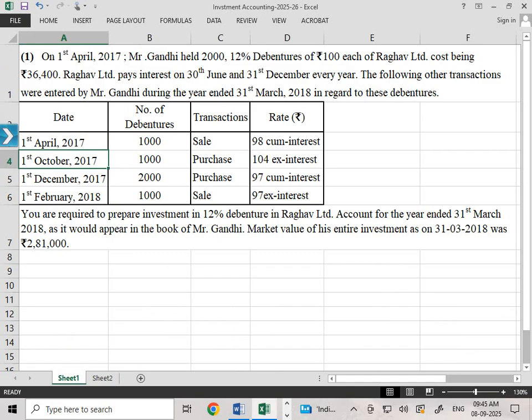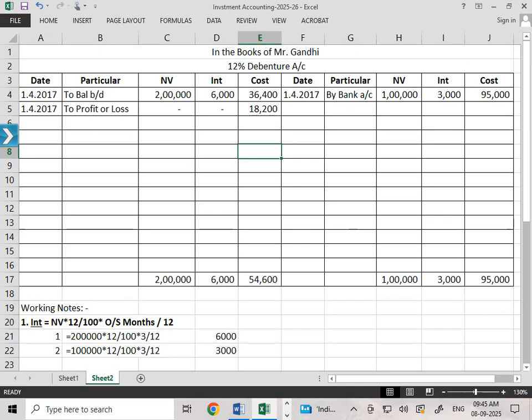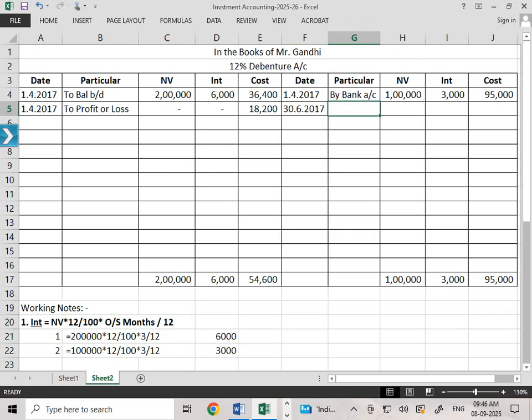So we have to receive interest means record that interest on credit side. So here write down 30th June 2017. Interest received means what? Bank. So by bank account under that interest column.